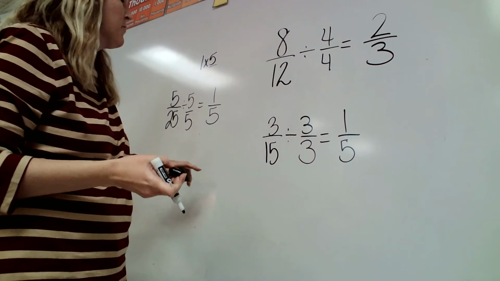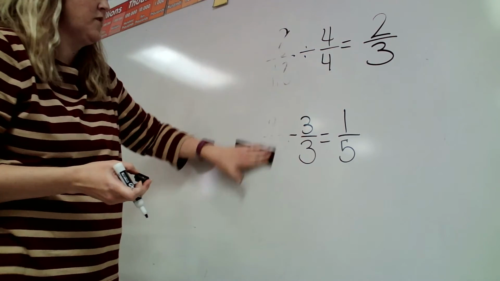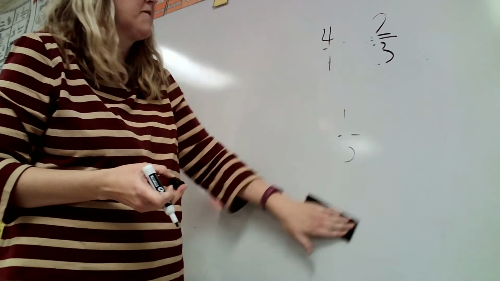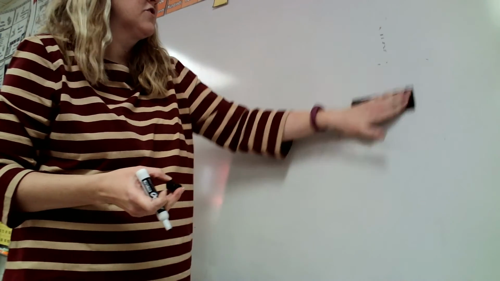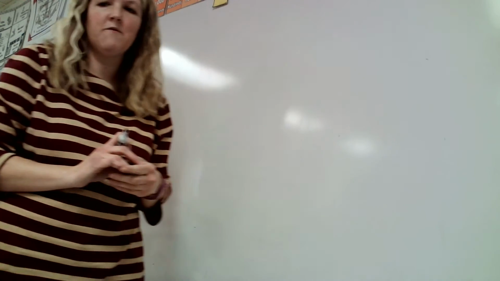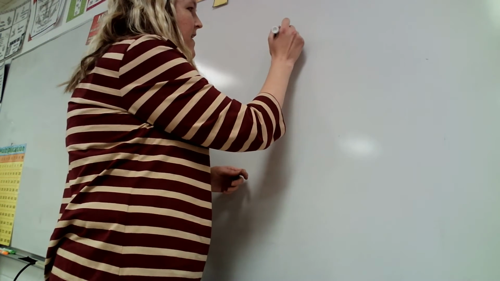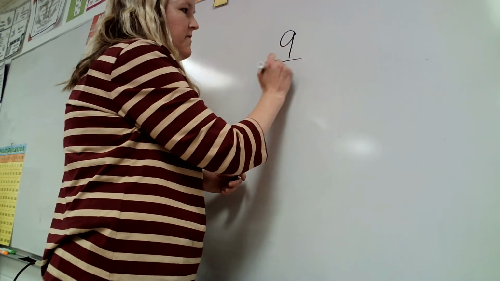So, just remember when you're simplifying, you're looking for a common factor between them. If you don't start with the greatest common factor, you can just keep dividing until you get down to where they only have 1 and itself as a factor. So, let's say that I had 9/27.